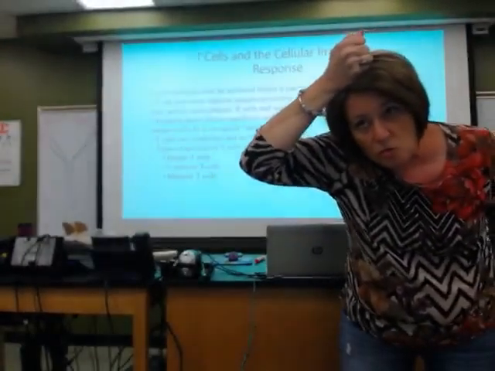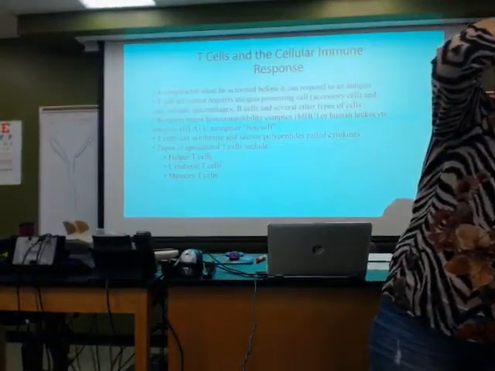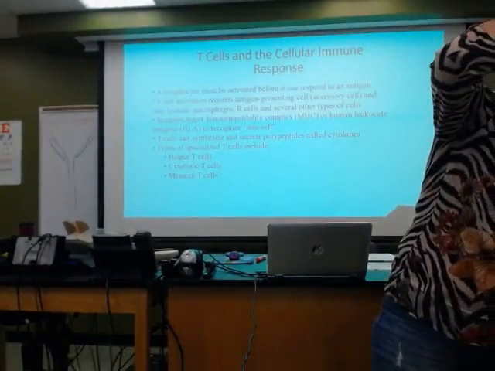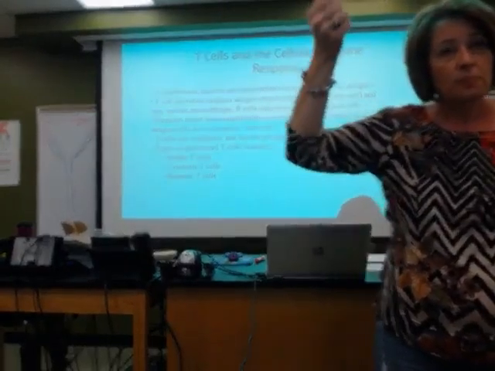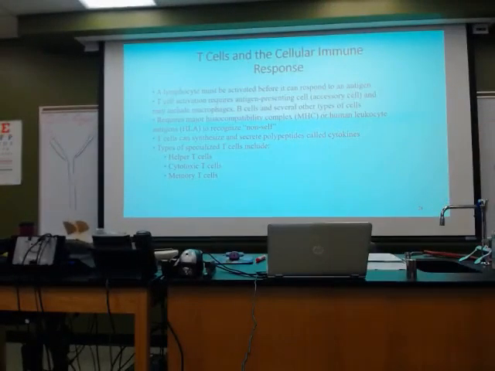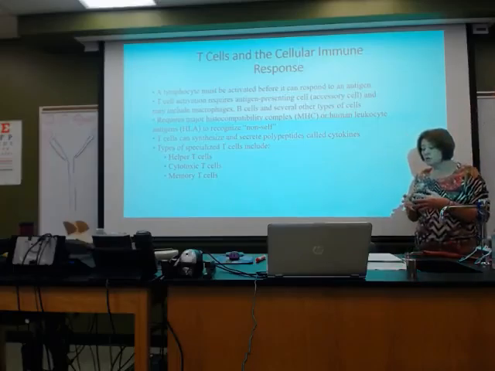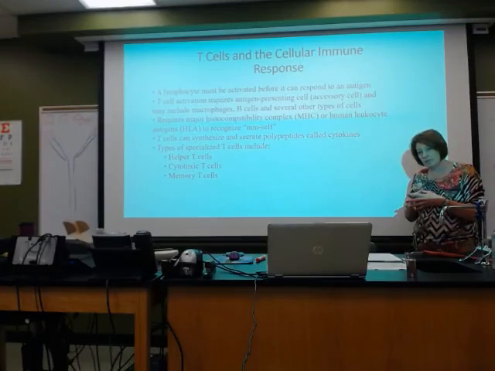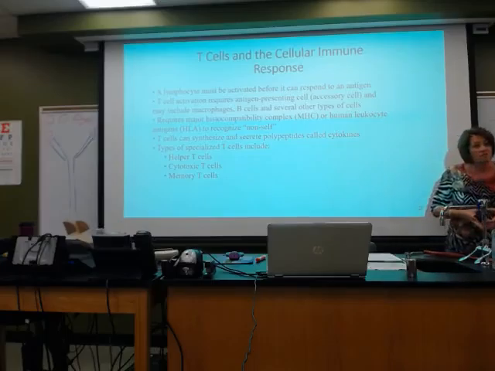So these are going to be termed antigen presenting cells, the APCs. So some of these white cells of the immune system. Now, when we begin to see that take place, do you guys remember the macrophages?